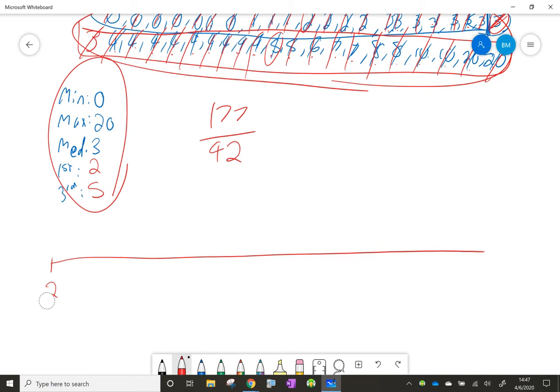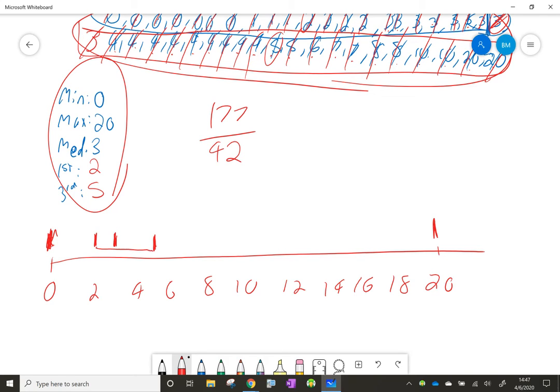So 0, 2, 4, 6, 8, 10, 12, 14, 16, 18, 20. So we're going to have our minimum at 0, our maximum at 20, our median at 3, our first quartile at 2, our third quartile at 5, and there we go.